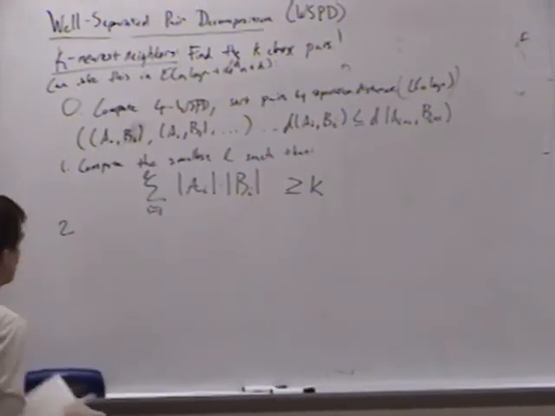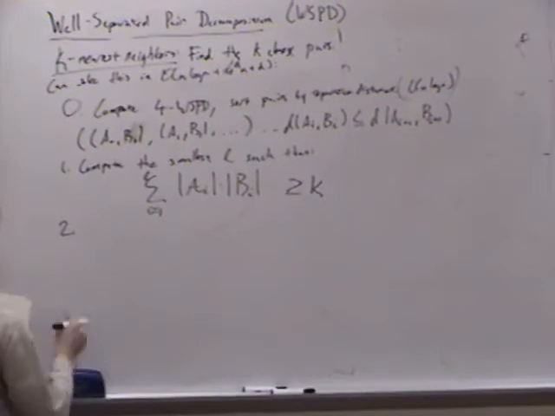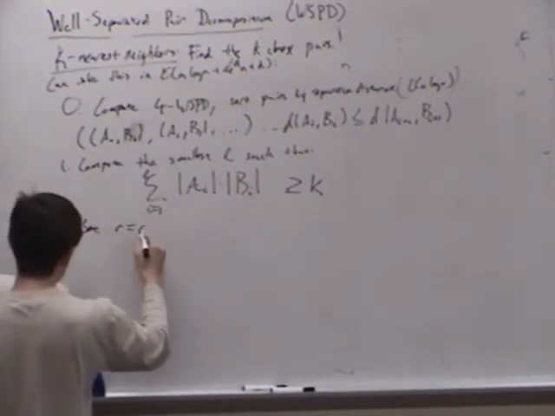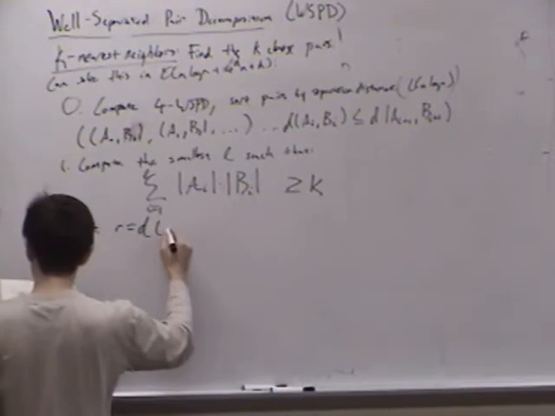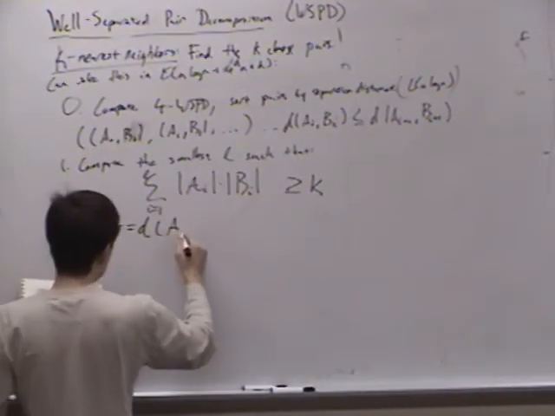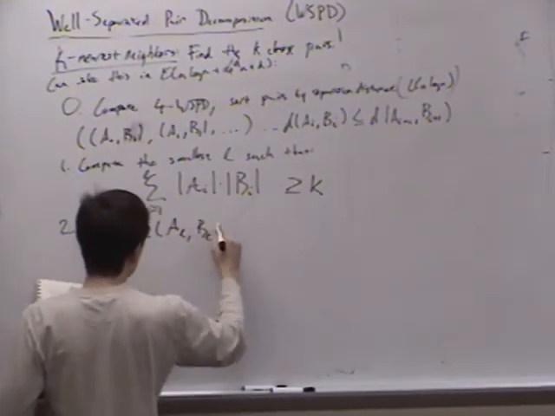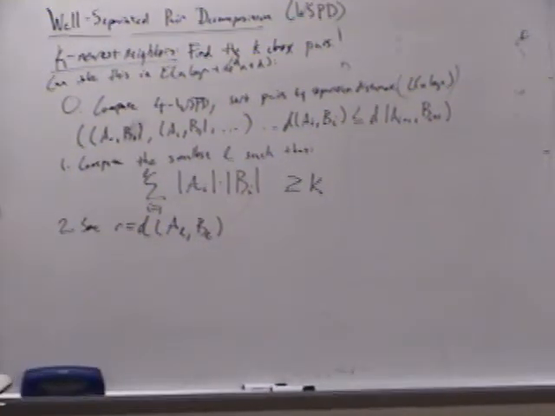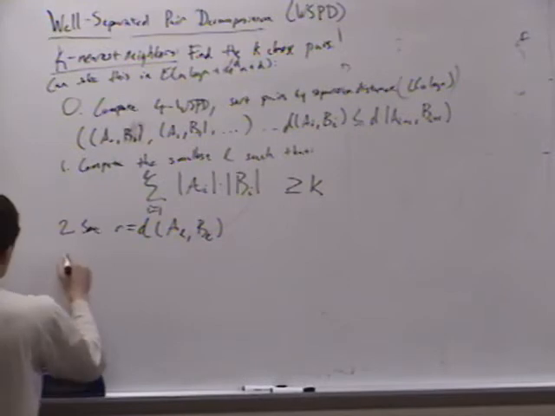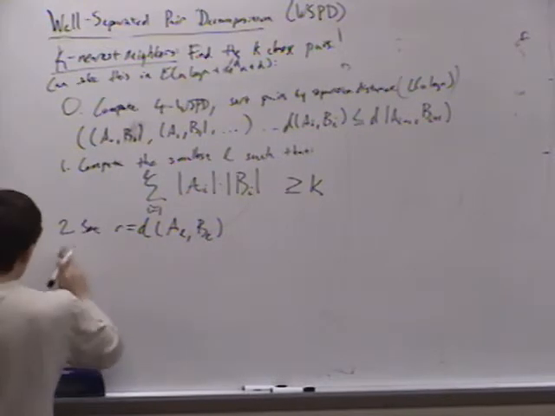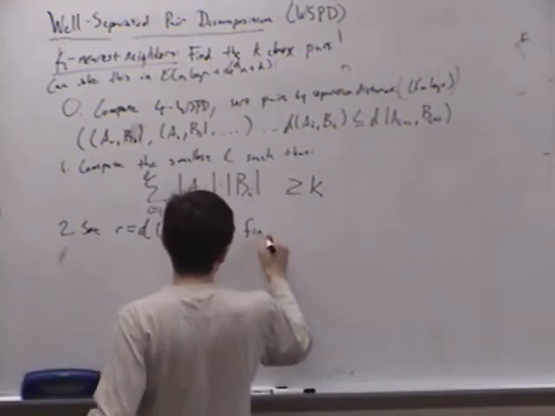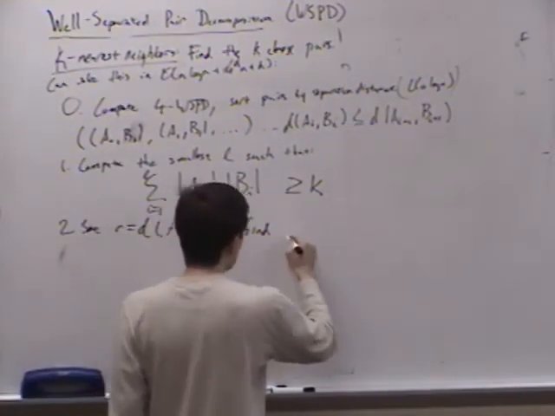After you've done this, set r equal to the distance of A sub L, B sub L. Now that we've done that, we're going to compute another parameter.